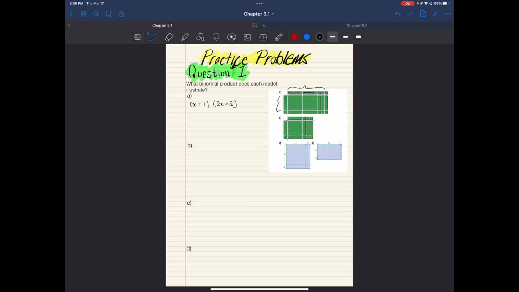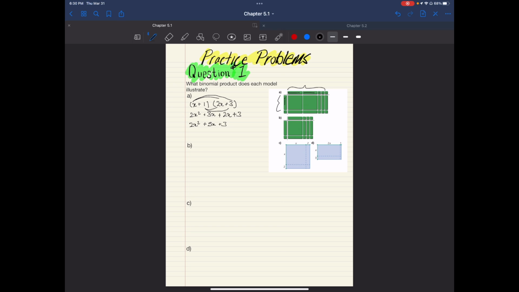If we expand that using the distribution principle, we have 2x squared plus 3x, plus 2x plus 3. If we simplify, 2x squared plus 5x plus 3, just by combining like terms.